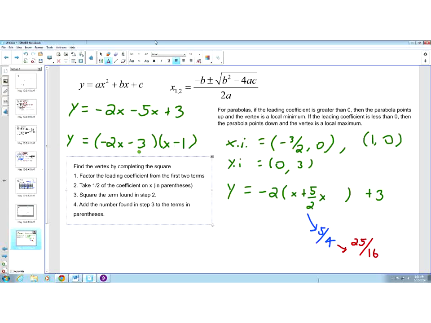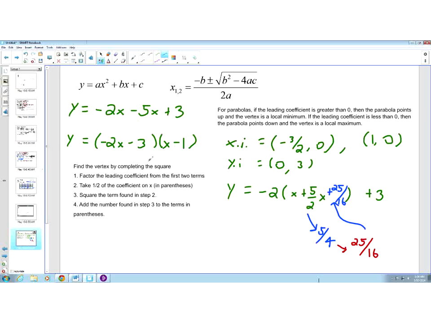All right, so when we do that, we'll take the 25/16 and we'll put it here. Okay, all right, so we've done that.